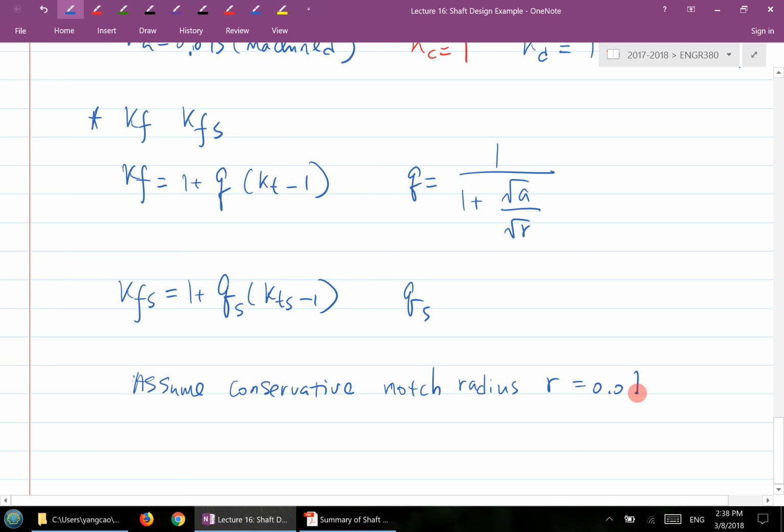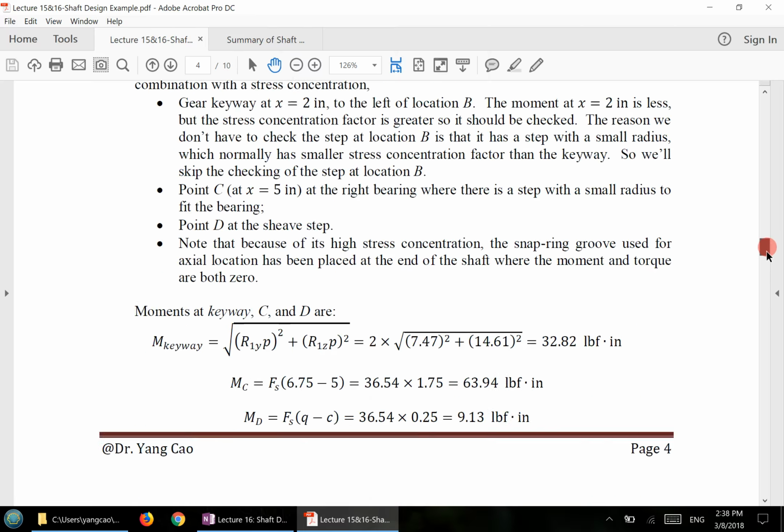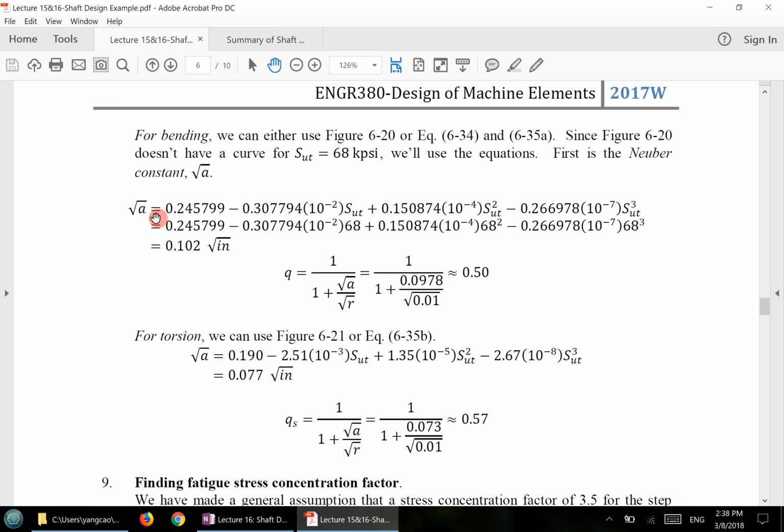And this is the first iteration, bear in mind. This number can definitely be changed in a future stage. Once you assume this, you can substitute and calculate this q, just like what I showed in my example. So calculate the Neuber constant, and then with r, you will be able to calculate the q.